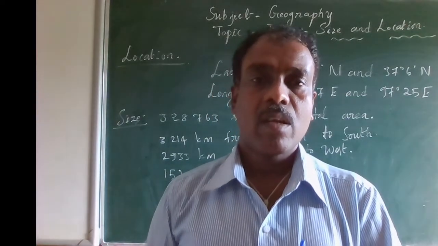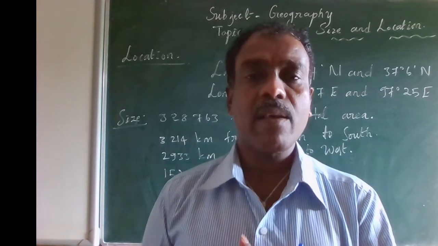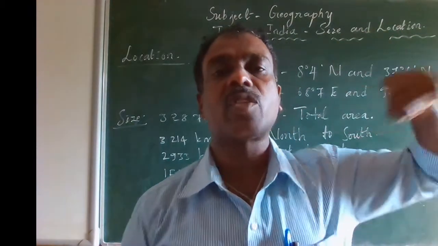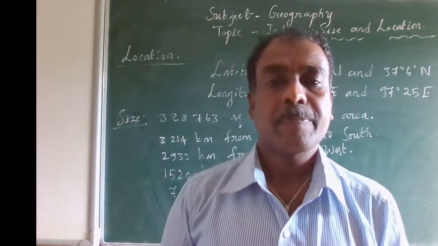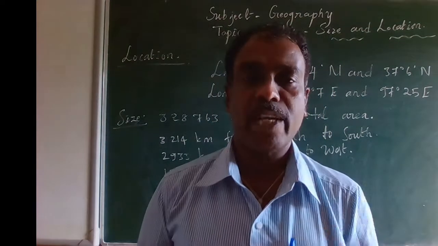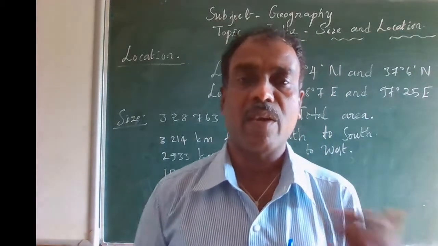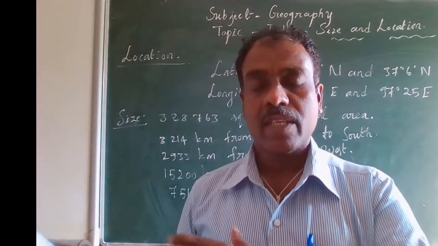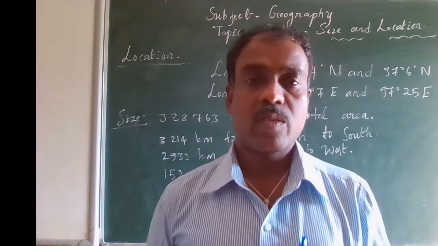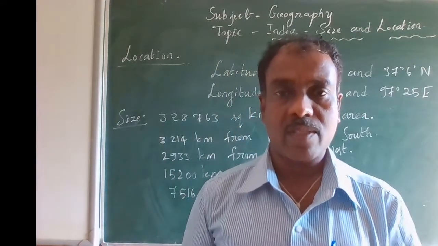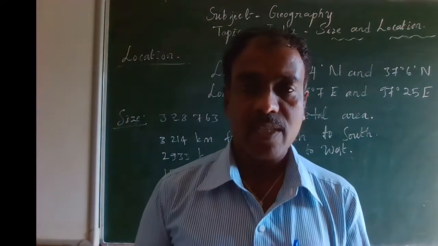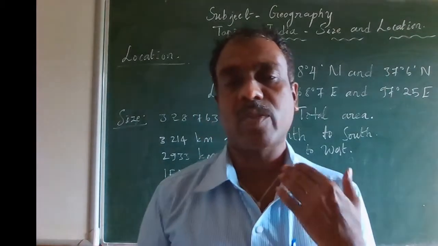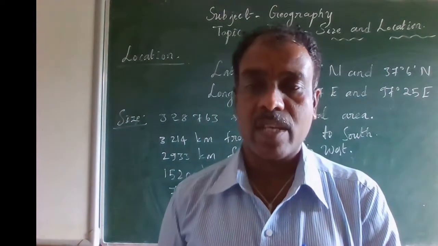Because of this, in the northern part of our country we can see the fold mountains, especially the different Himalayan ranges, and on the three sides of our country, east, west and south, there are different oceans: in the west the Arabian Sea, in the east the Bay of Bengal, and to the south the Indian Ocean.